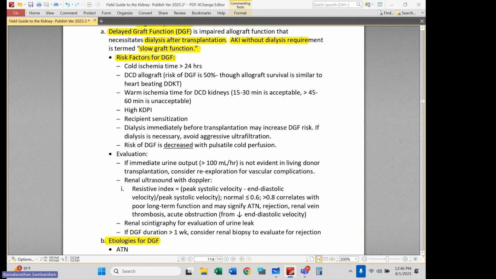Okay, what are the risk factors for DGF? Longer cold ischemia times. Donor after cardiac death. What is donor after cardiac death? Well, that's when you have a patient who doesn't necessarily meet criteria for brain death, but is dependent on the vent and or other invasive support, and the decision is made to withdraw that support, even though there's no official definition of brain death.